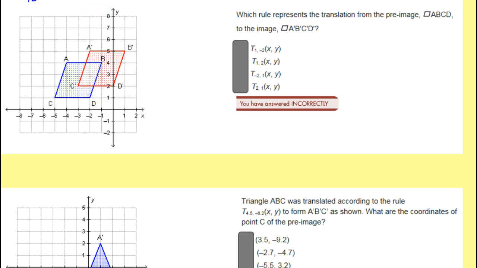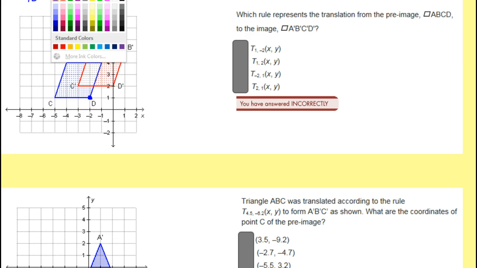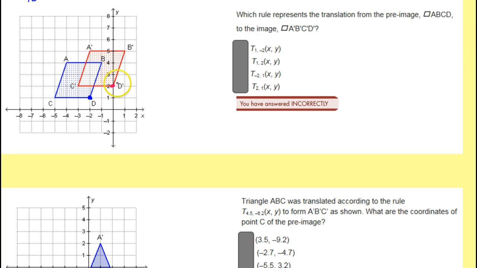So I'm going to pick point D because it's just real easy to see. This was the preimage, and then here is the image. How far to the right did we go? And how far up did we go? It looks like we went right 2 and up 1 unit.